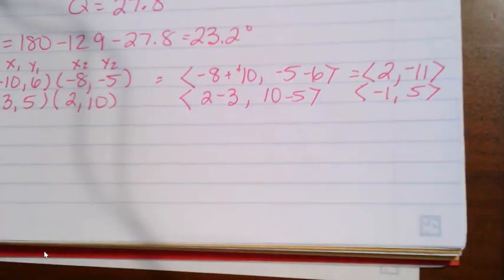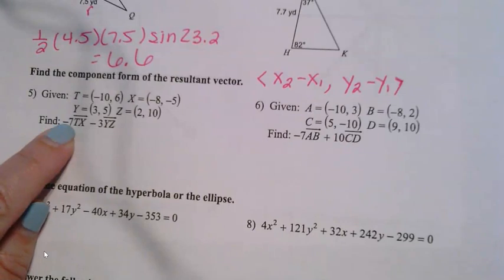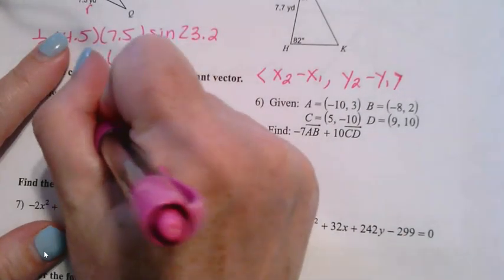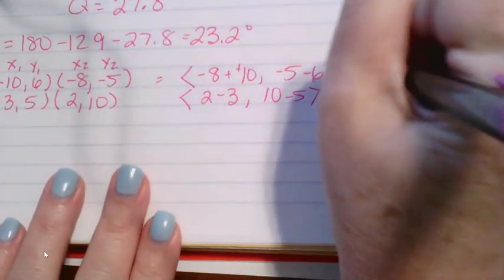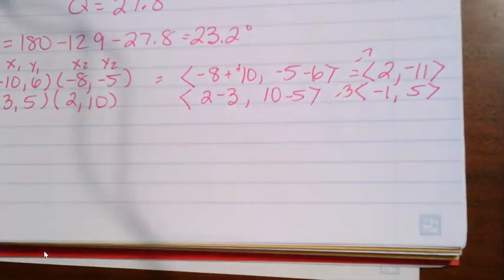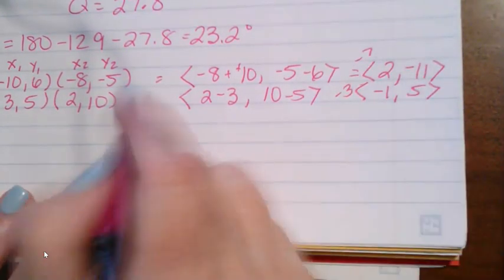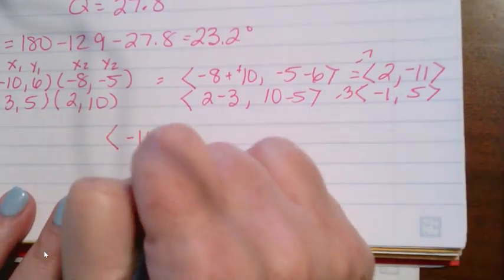Okay. Now, we're not done. So you see here it's negative 7 times the first one and negative 3. Remember, I like to do plus a negative 3 because I know me and my ways of dropping negatives. So when I multiply that, I'm going to get negative 14 and 77.